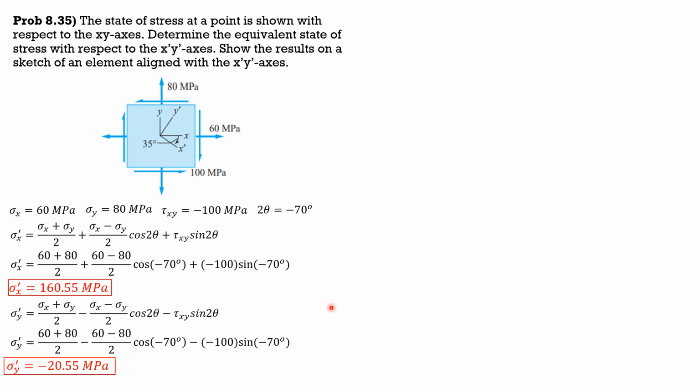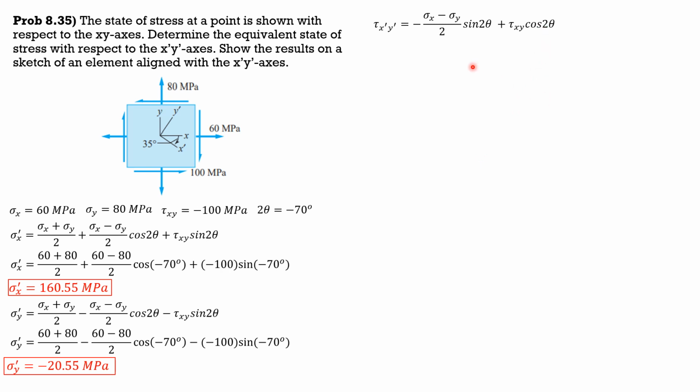Then tau x prime y prime is equal to negative quantity sigma x minus sigma y over 2 sine 2 theta, then plus tau xy cosine 2 theta.